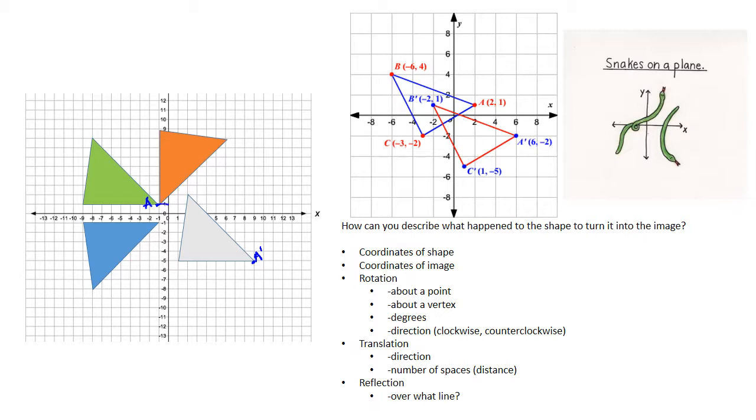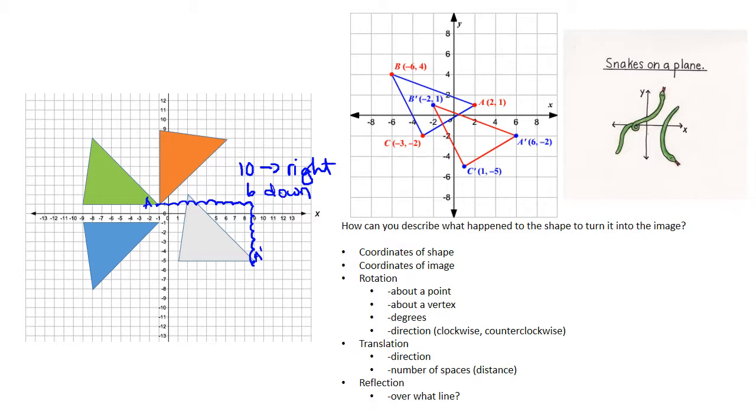Well, let's count. 1, 2, 3, 4, 5, 6, 7, 8, 9, 10. So they moved it 10 to the right, and then 1, 2, 3, 4, 5, 6 down. So they took that whole shape and moved it 10 to the right and 6 down.